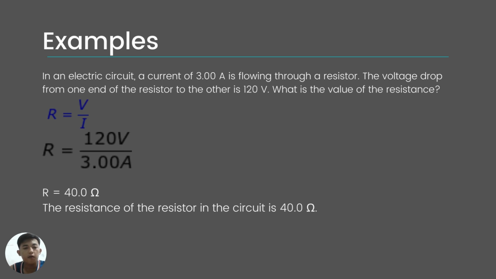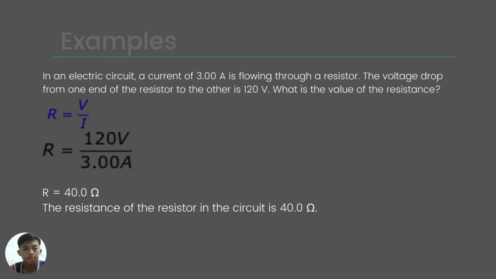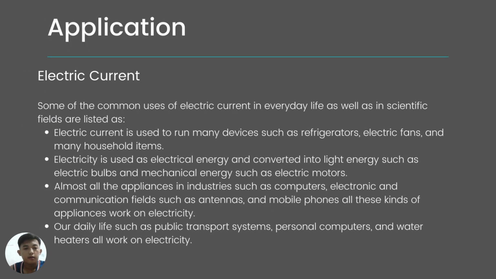This is an example of resistance application. Electric current. Some of the common uses of electric current in everyday life as well as in scientific fields are listed. Electric current is used to run many devices such as refrigerators, electric fans, and many household items.